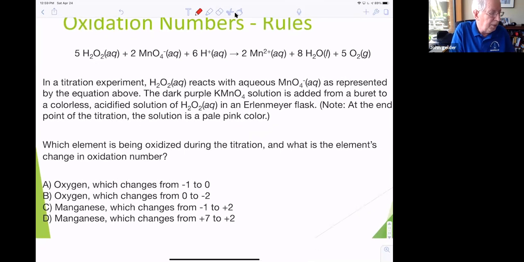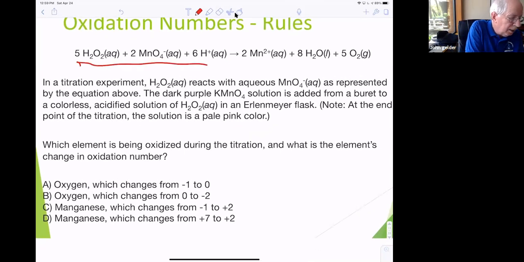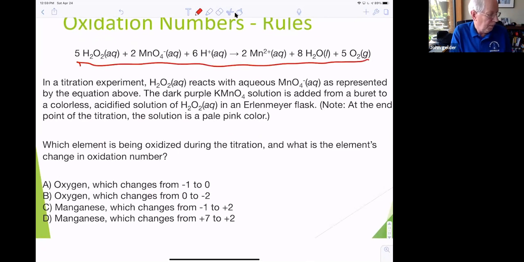We've got a nice complicated reaction up here. Which element is being oxidized during the titration? And what is the element's change in oxidation number? So I'm going to go ahead and relaunch the poll.